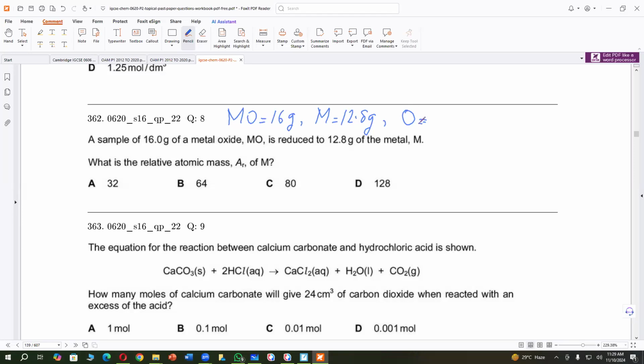Alone metal is 12.8. So can you tell me what is the oxygen mass? 3.2. Yes. So oxygen will be 16 minus 12.8, 3.2 gram.